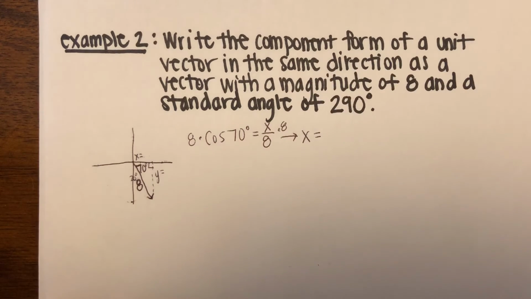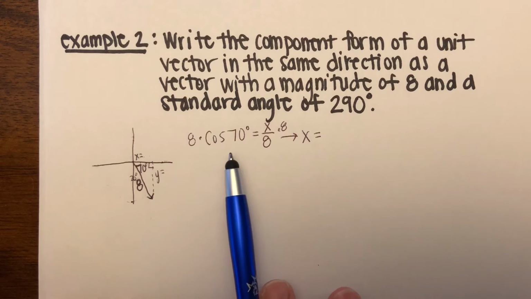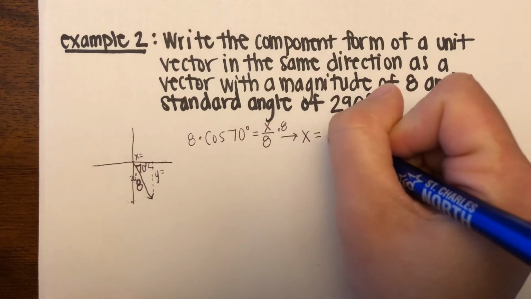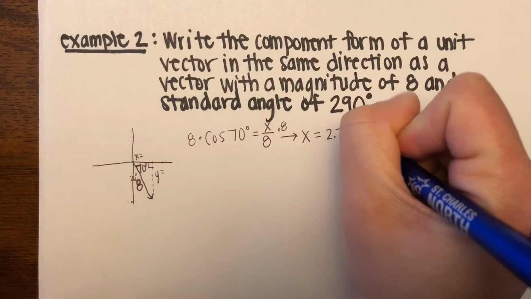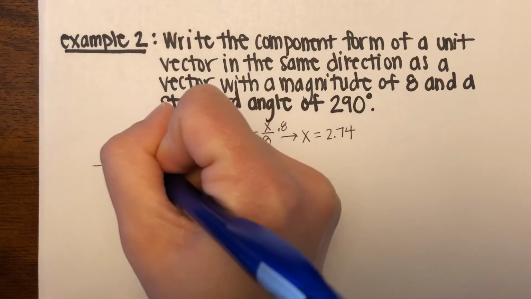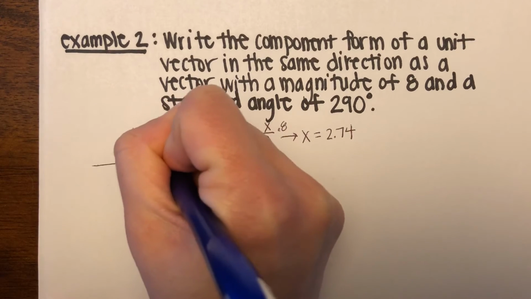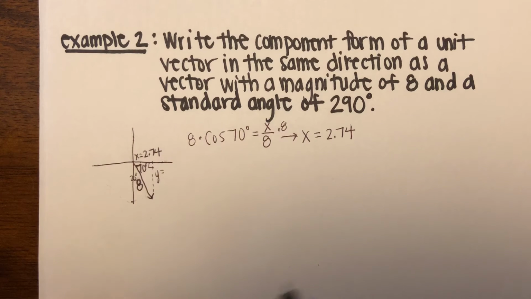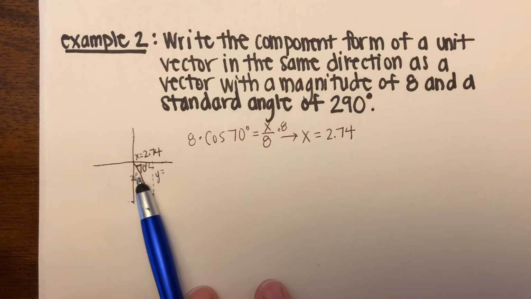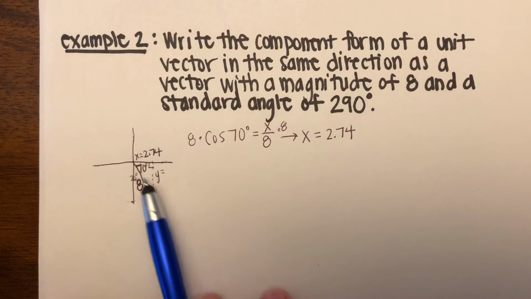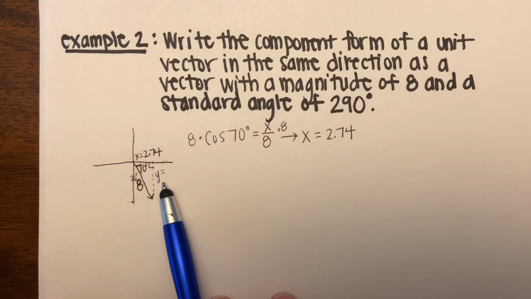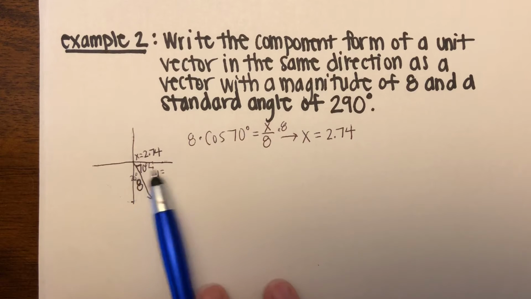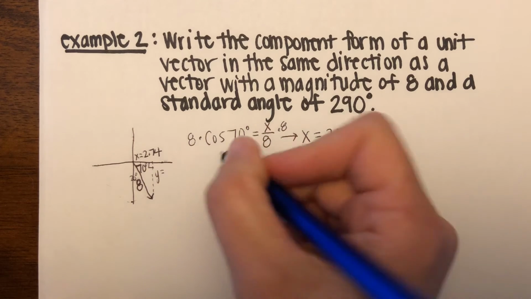So in your calculator, if you do 8 times the cosine of 70, you should get 2.74. So my x component currently is 2.74, and that's in the positive direction, so I'm going to keep that as positive 2.74. If we wanted to do something similar to find the y component, from the 70-degree angle, the y is on the opposite side of the triangle, so we're going to use sine to find y, because sine is opposite over hypotenuse.